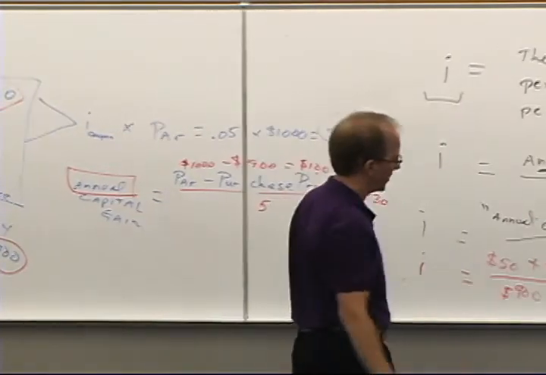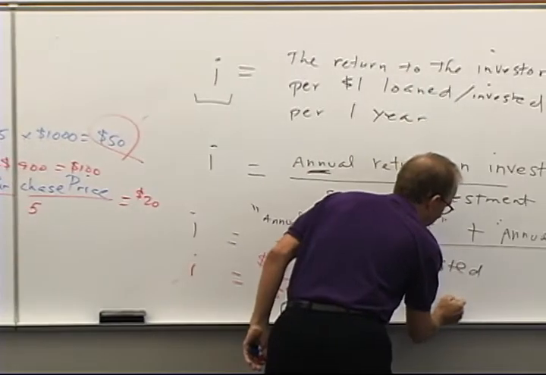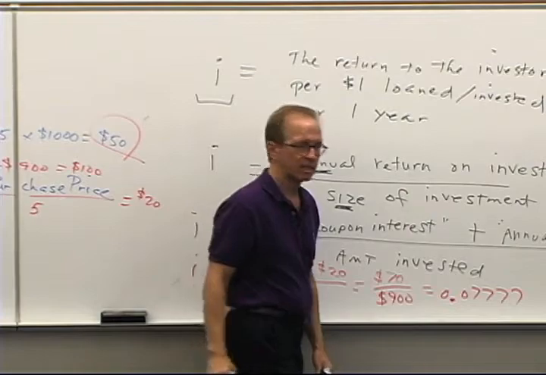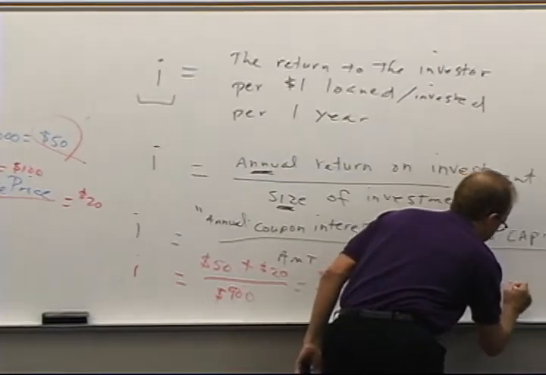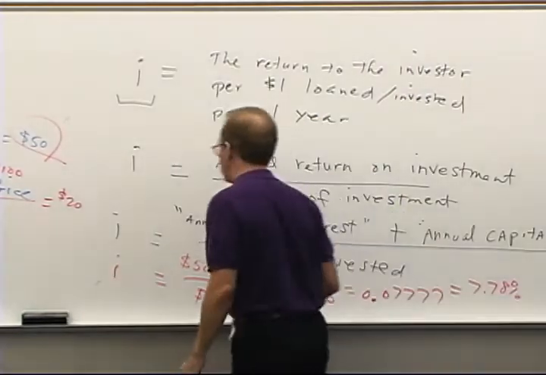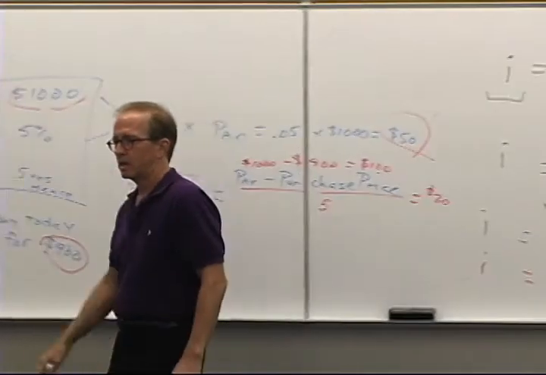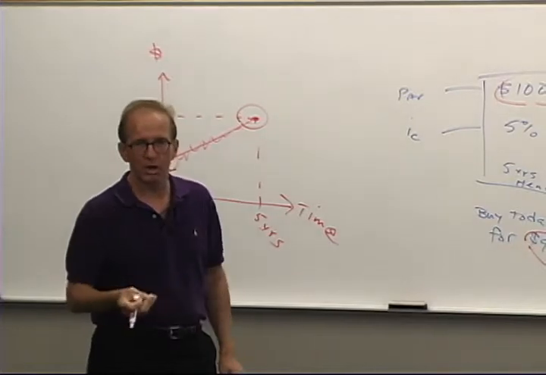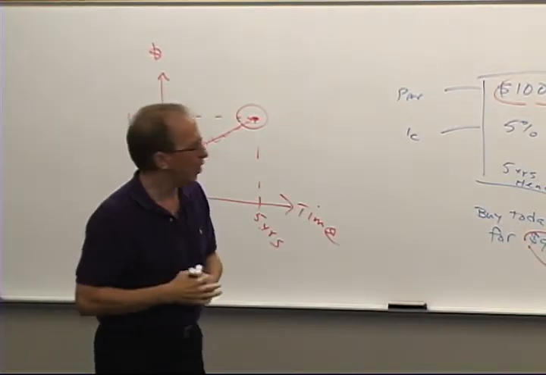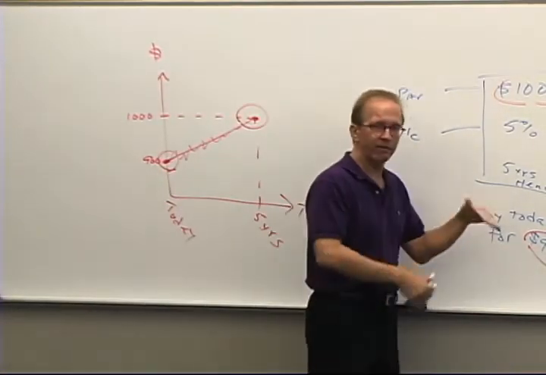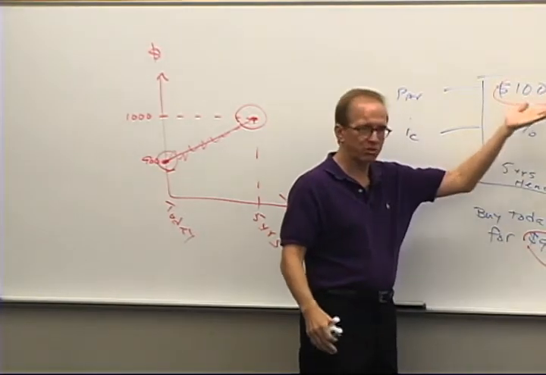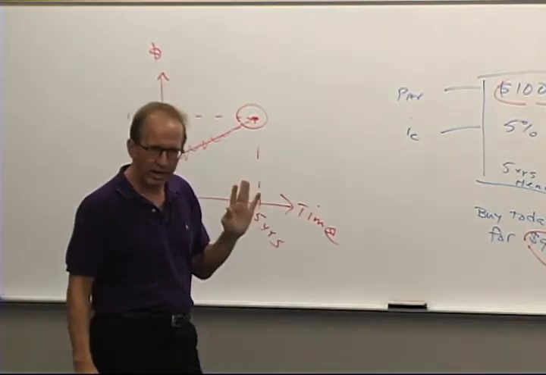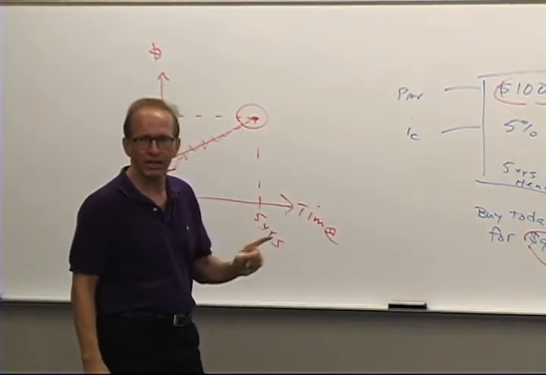And that is, oh, it's a very lucky number here, 0.077777 equals 7.78%. I'm rounding off. And so what that says is, if I buy this bond today and hold it until it matures 5 years from today, I buy it for $900, it goes up to $1,000, that I'm getting almost, not quite, 8 cents per $1 invested each year.